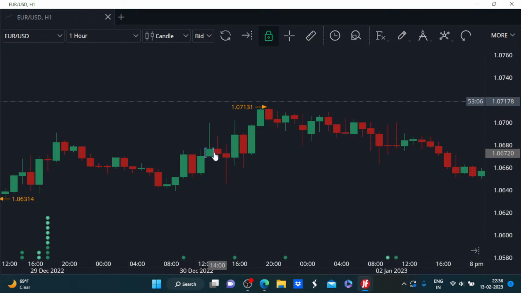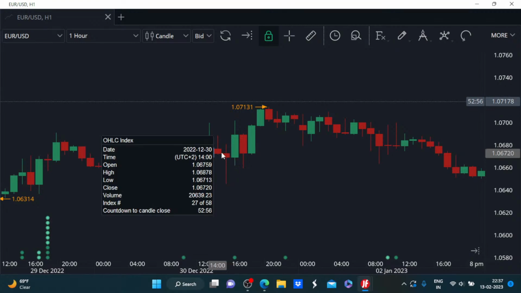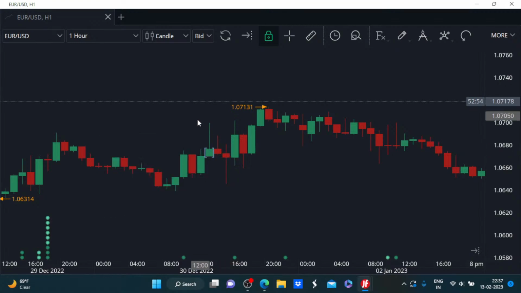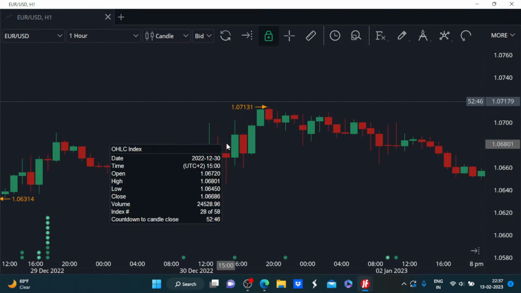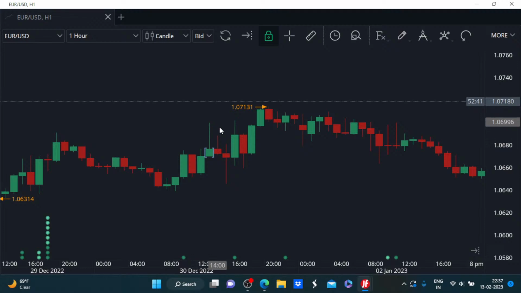But whatever is the real body, that is the difference between the opening and the closing price of this candlestick, that difference is taken into consideration, and the upper shadow, the difference between the closing price and the high of this candle, needs to be twice the real body. So this shadow on the upper side needs to be quite long compared to the real body of the candle.